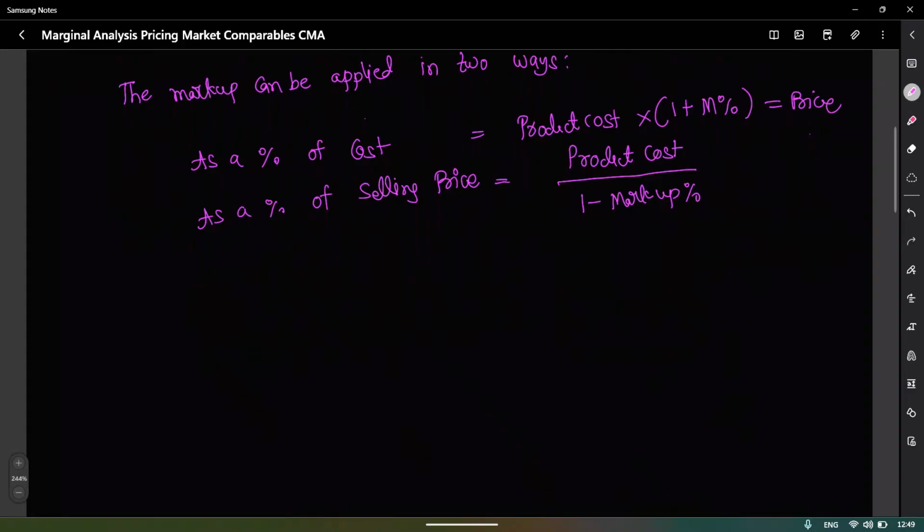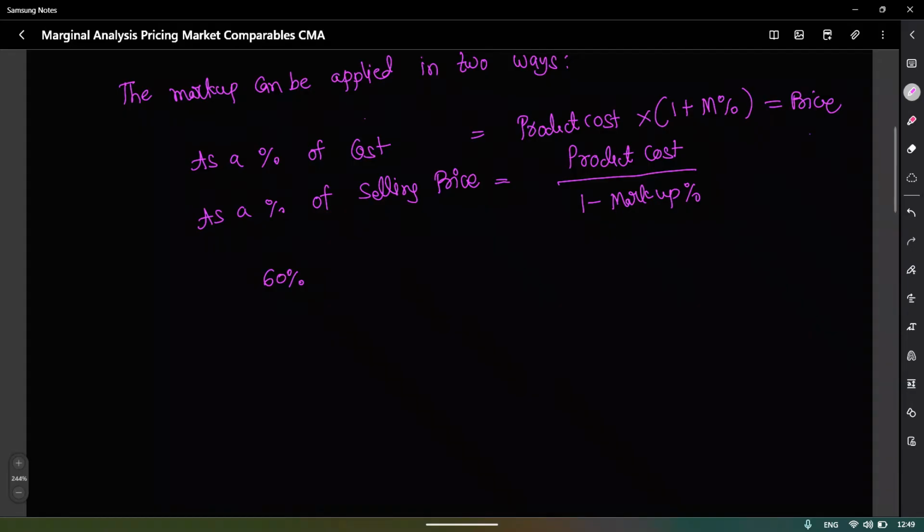Now, the example we are considering: the cost to produce and sell an item is $70 per unit, and the markup is 60%. What is the product cost?